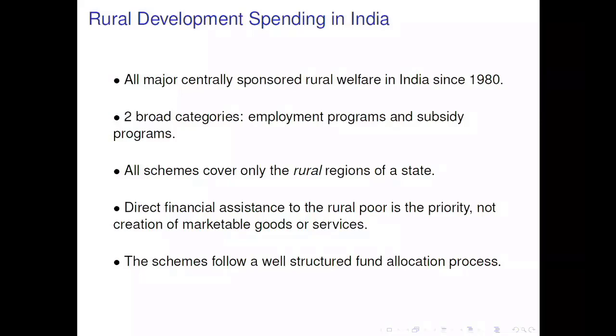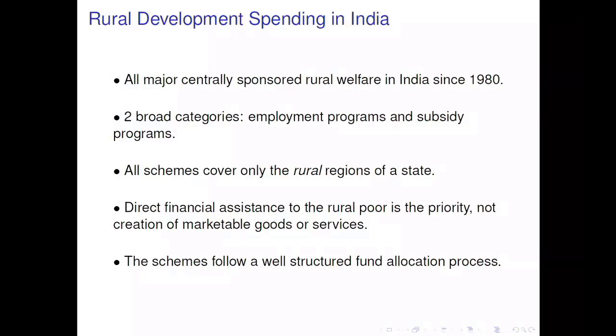Not really building a school, but mostly related to agricultural activities, like building a dam, or soil and moisture conservation, flood protection, etc. So you do all these things that are not infrastructure driven, but mostly non-marketable goods and services.